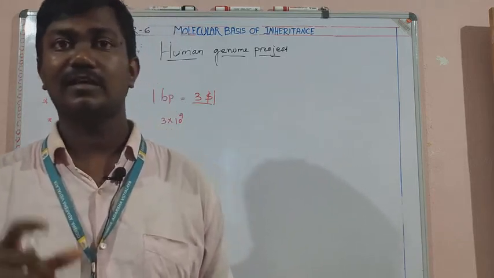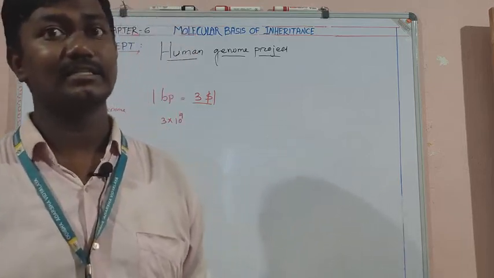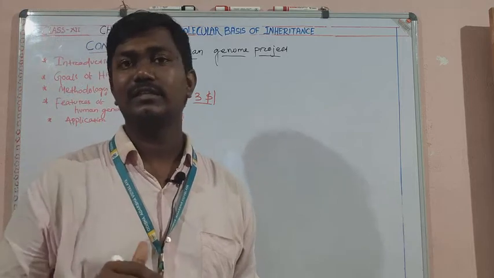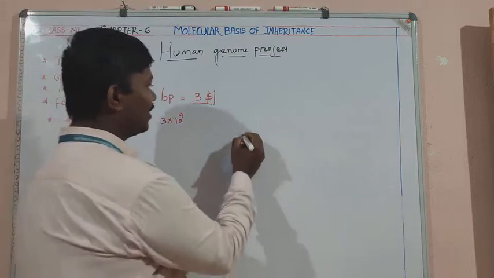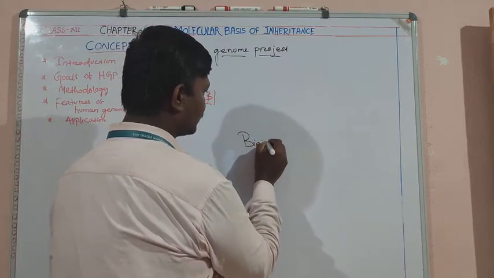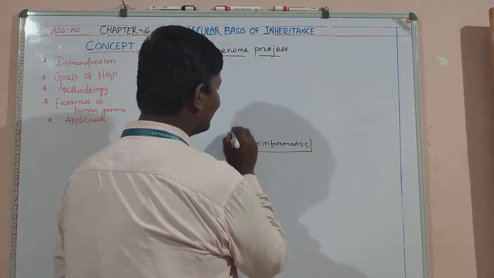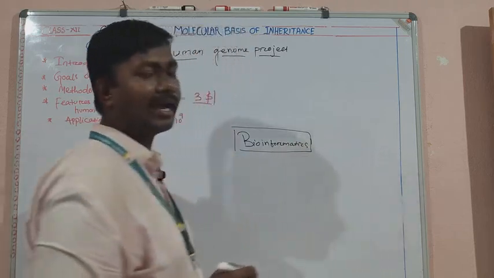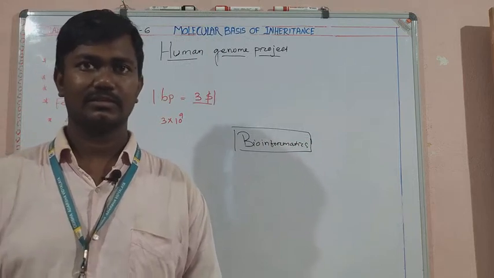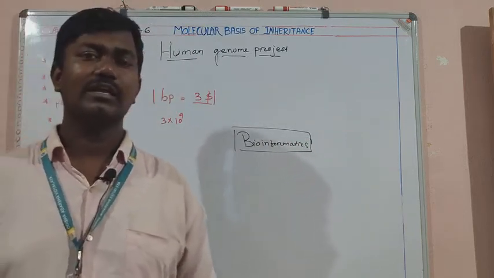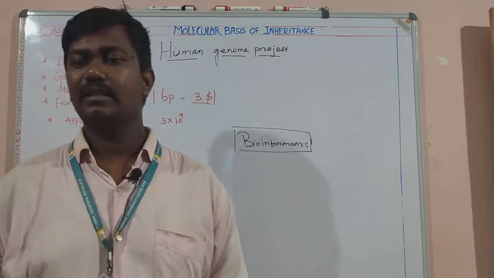So, an advanced computational device is needed to store the data and analyse it. This led to a new branch of biology which is popularly known as bioinformatics, when information technology is associated with biology, so that we can store a lot of data and analyse it.